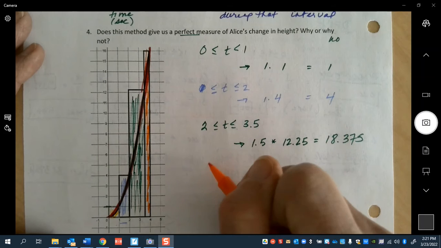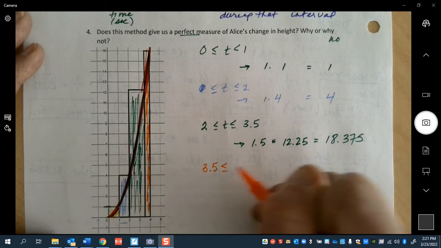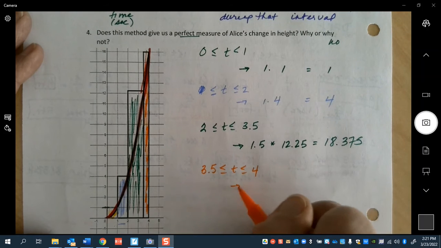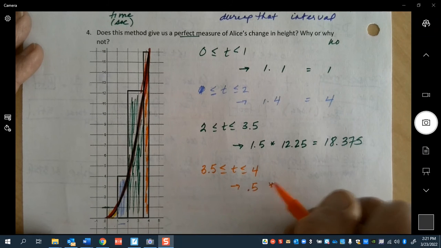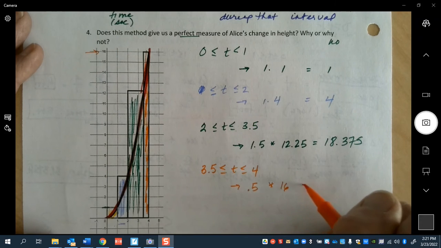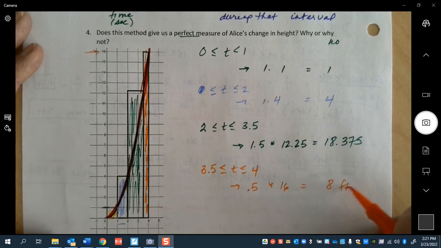And when I talk about between 3.75 and 4, that half of an interval times 16 feet per second is equal to my 8 feet.